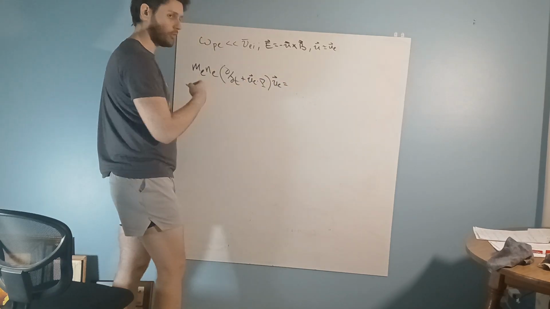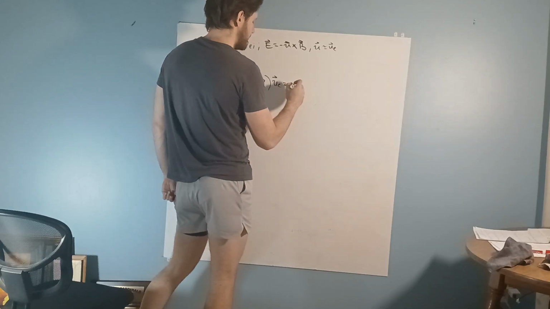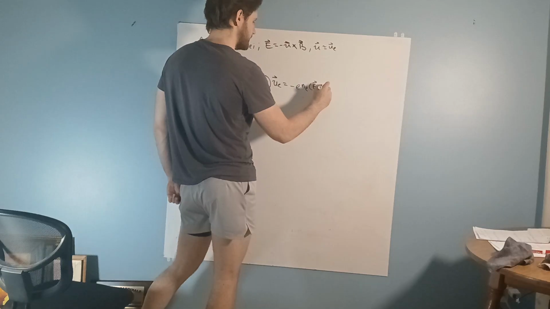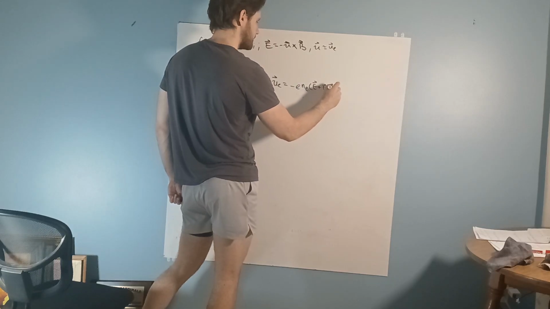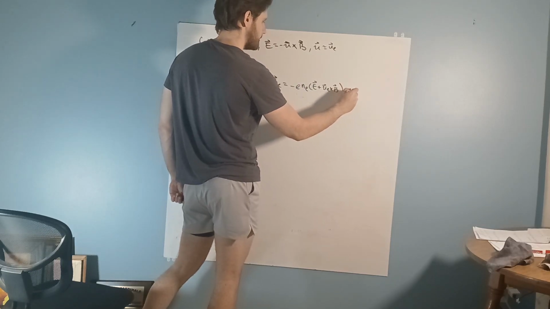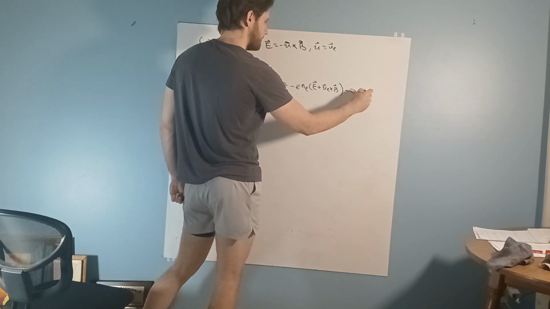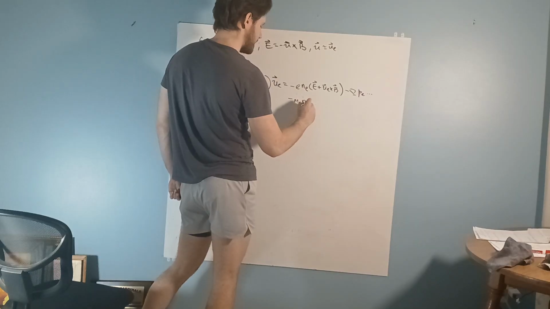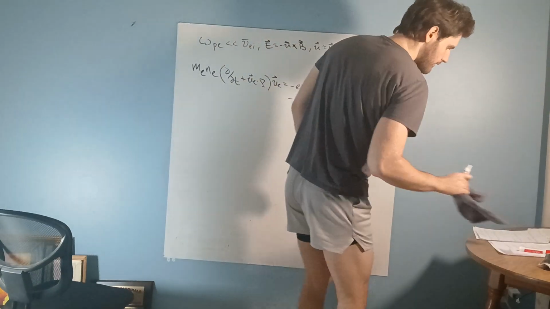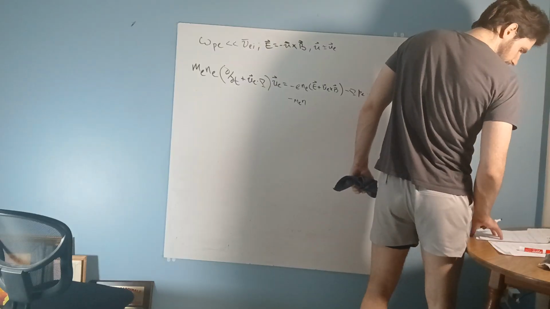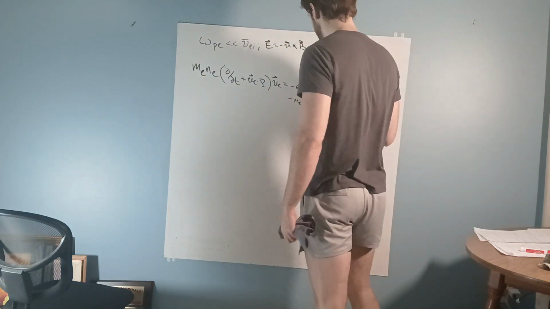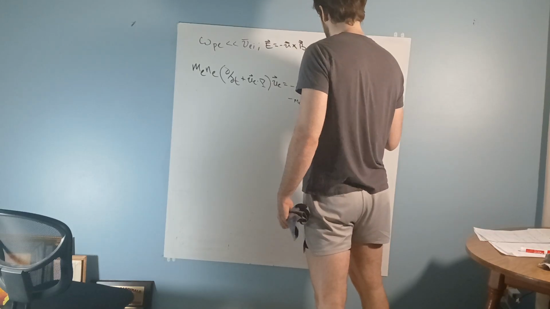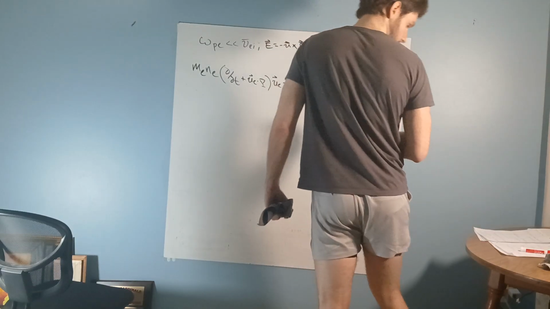All right, these are the inertial forces. Then next we have the Lorentz forces. And finally, we have the drag of the ions and the electrons, or the friction force between them, I should say. And that depends on the collisionality.